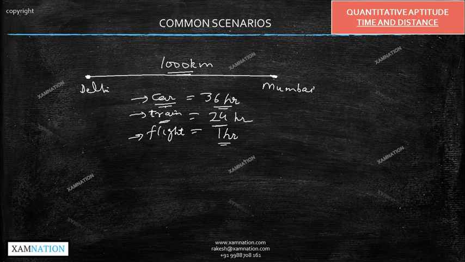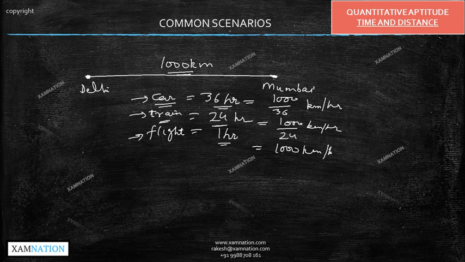So we can estimate the speed that each of these different modes of transport has. For example, this car has a speed of approximately 1000 by 36 kilometer per hour, right? This train has a speed of around 1000 by 24 kilometer per hour, and this flight has a speed of 1000 kilometer per hour.